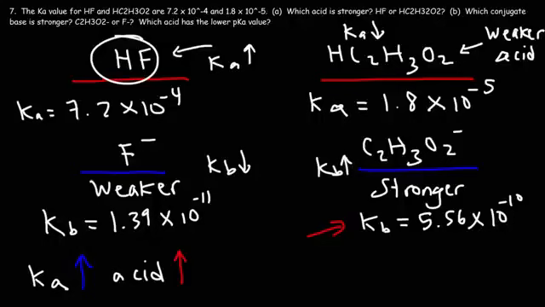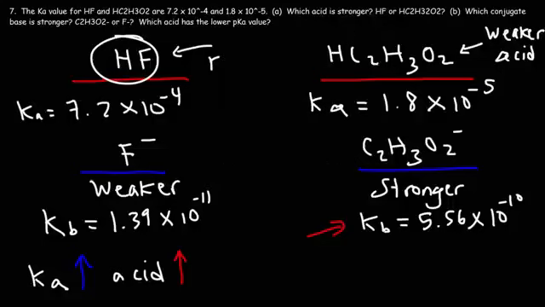Now let's talk about the pKa. Which acid will have the lower pKa value? Is it going to be HF or acetic acid? Now remember, pKa is equal to the negative log of Ka. So because of that negative sign, there's an inverse relationship between Ka and pKa. Acid strength increases with high Ka values, but it increases with low pKa values. So the acid with the low pKa value is the stronger acid.